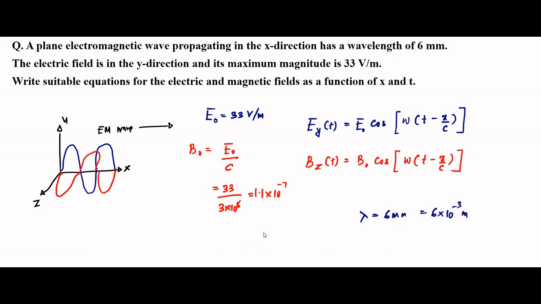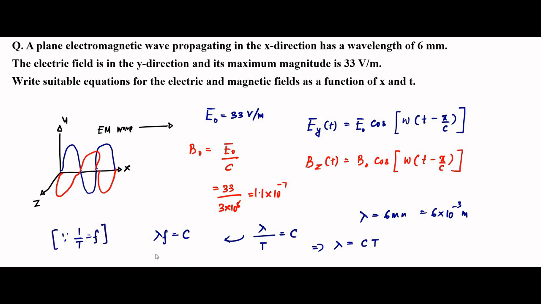So we have to determine the angular frequency. We know that wavelength by time period is equal to c, that implies lambda is equal to c T. We can write it in this way, this will be better: lambda f is equal to c, because 1 by T, the reciprocal of the time period, is equal to frequency.